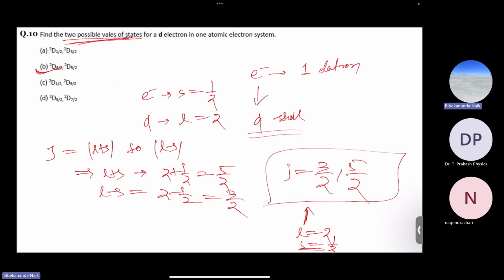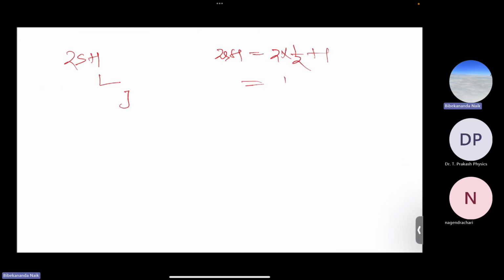Now, according to spectroscopic notation, it is 2S plus 1 L J. So 2S plus 1 will be how much? 2 into half, because S is half here, only a single electron, one atomic electron system. So it will be 1 plus 1, which is 2.